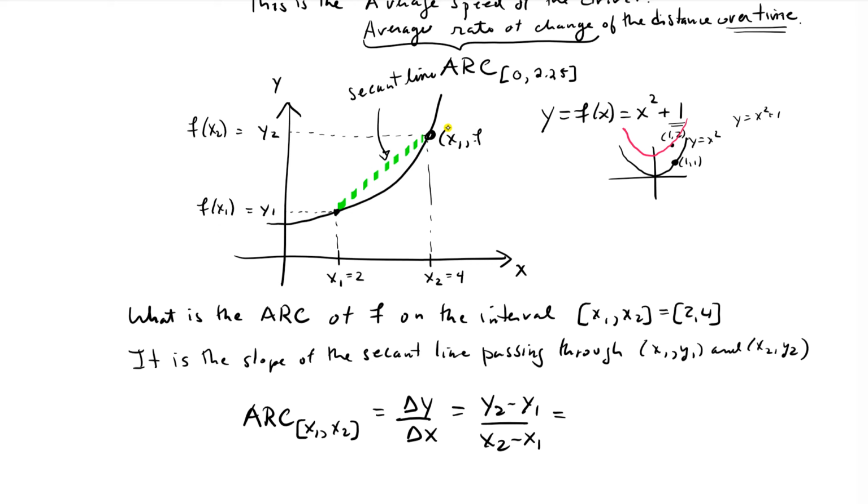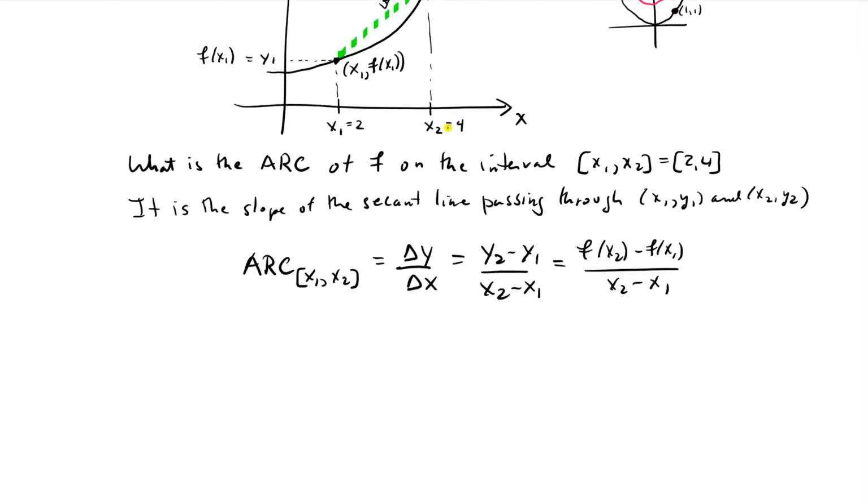So instead of y1, I'll write f of x1 here. And this is x2, f of x2, sorry. x2, f of x2, like that. And this is x1, f of x1. So here, f of x2 minus f of x1 over x2 minus x1. So that's our general formula.